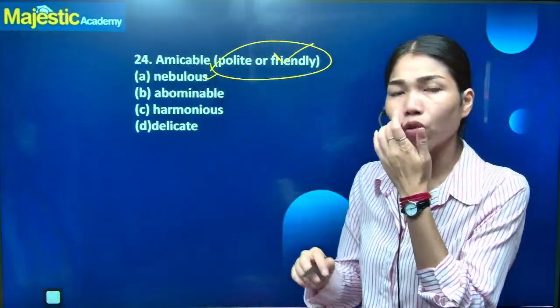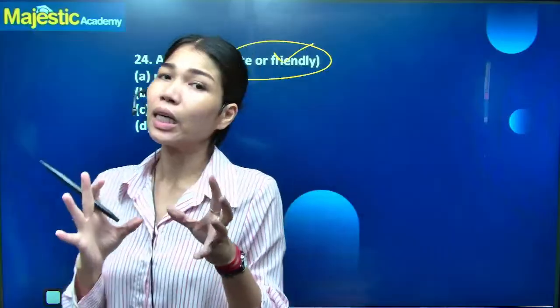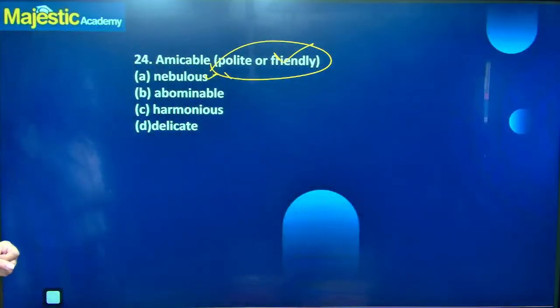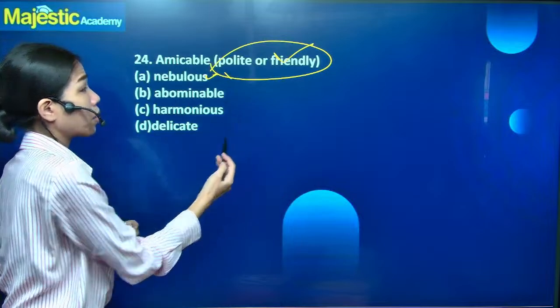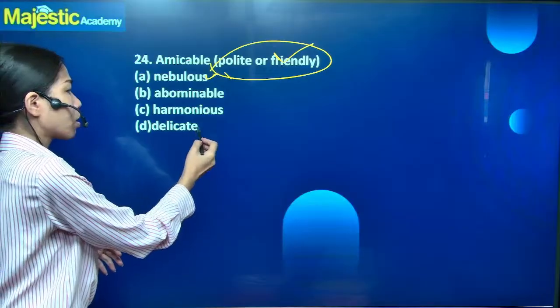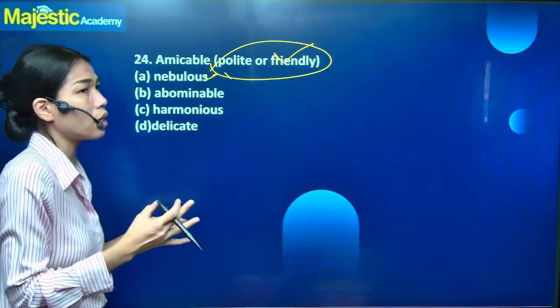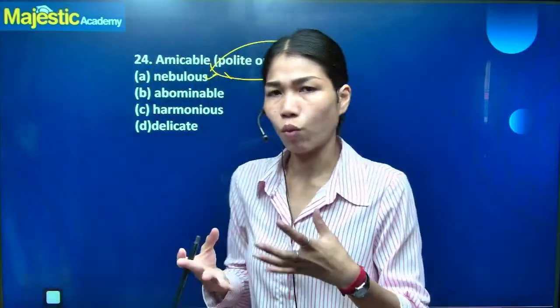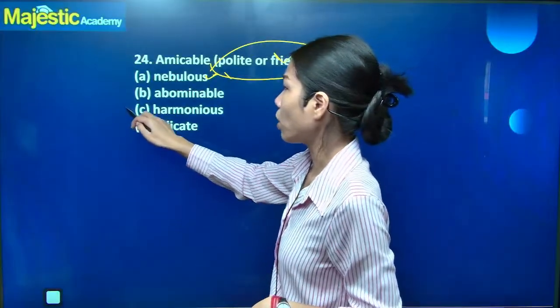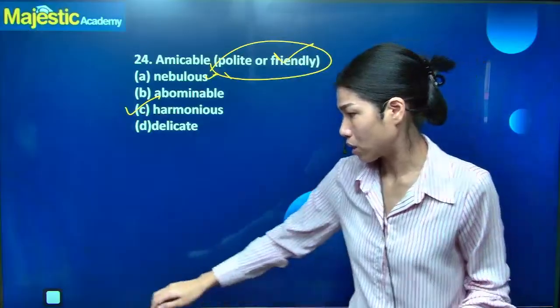Nebulous means something which is very weak in nature. Okay, so this can't be your answer. Abominable, okay, we can think. Harmonious, that means again polite and something very calm in nature. Delicate means something which is very lightweight or very fragile in nature. Okay, so your answer has to be harmonious.